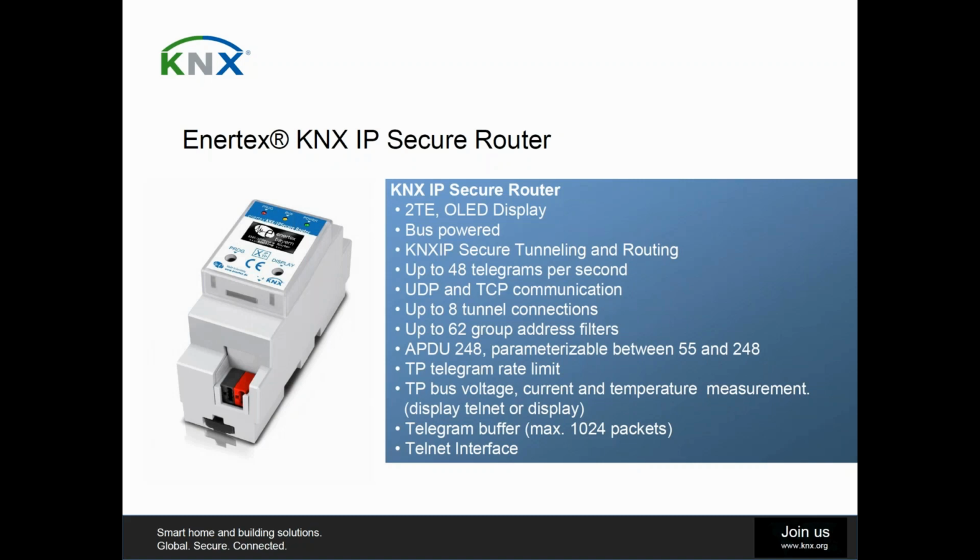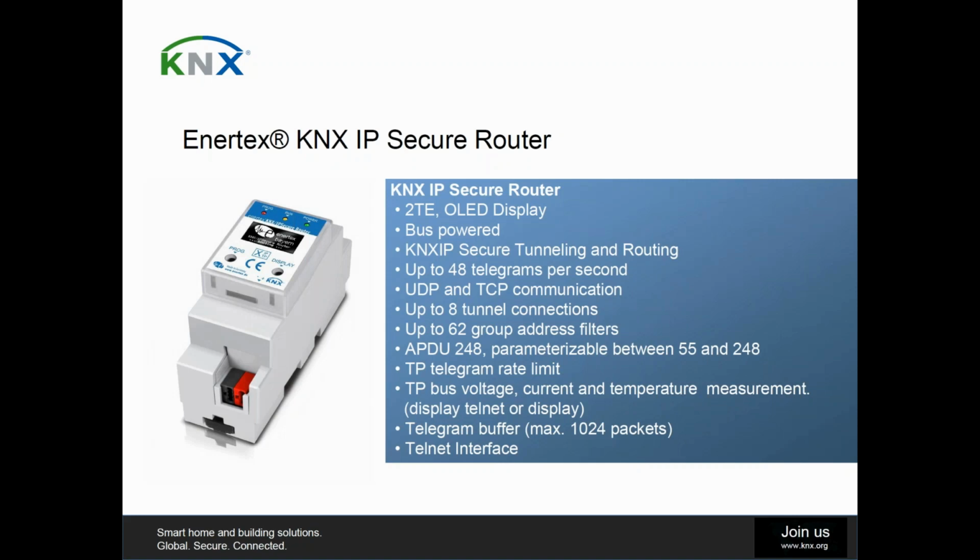It's a complete bus-powered device, as a lot of new devices are, and it provides both secure tunneling and routing. What is very unique is of course the very high telegram rate, so it's really possible to send about 50 telegrams per second, which is about 100% bus load.